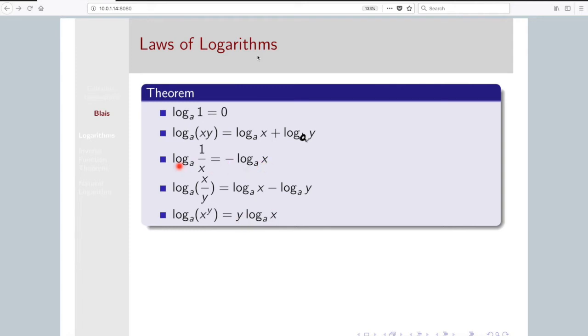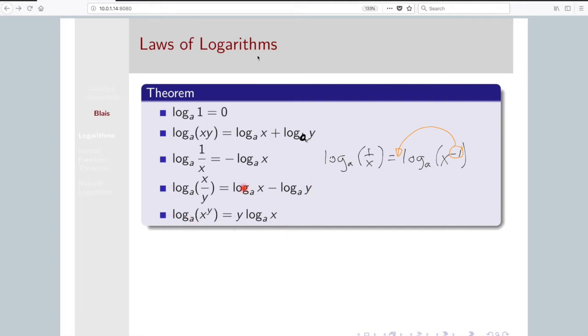This third bullet is just the case when y equals minus 1, because here you can write log base a of 1 over x is log base a of x to the minus 1, and then we can use that property to bring the minus 1 out front.